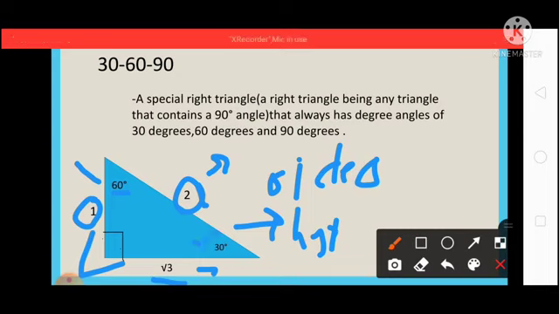The side opposite the 60-degree angle will be the middle length, because 60 degrees is the mid-size angle of this triangle, while the side opposite the 90-degree angle is the longest side of a 30-60-90 triangle.